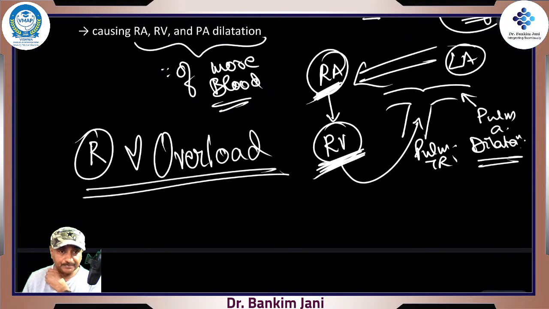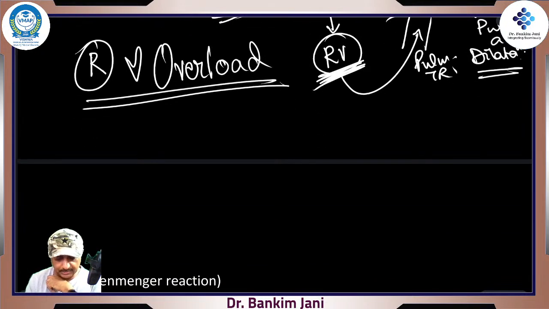Fair enough. Now see, because of this pulmonary congestion, it will generate pressure, right? Because blood is getting collected, and it is not for once or twice or thrice, it is constant. So gradually this pulmonary congestion increases.